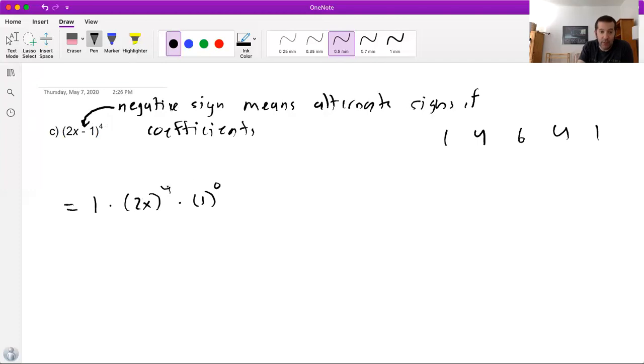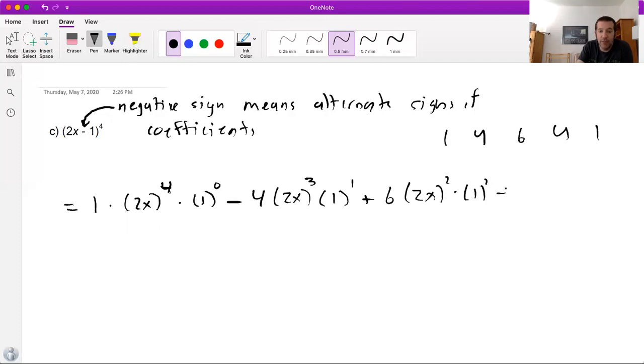And now again, I'm off and running because I have these coefficients. I can just decrease this by 1 and increase that by 1. But I have to remember that this negative sign means the first term is positive and the second term is negative. Coefficient though is 4 like it was before. I have 2x to the 3rd, that went down by 1. Here we have 1 to the 1st. Then I do an adding, and I get 2x squared, and I get 1 squared.